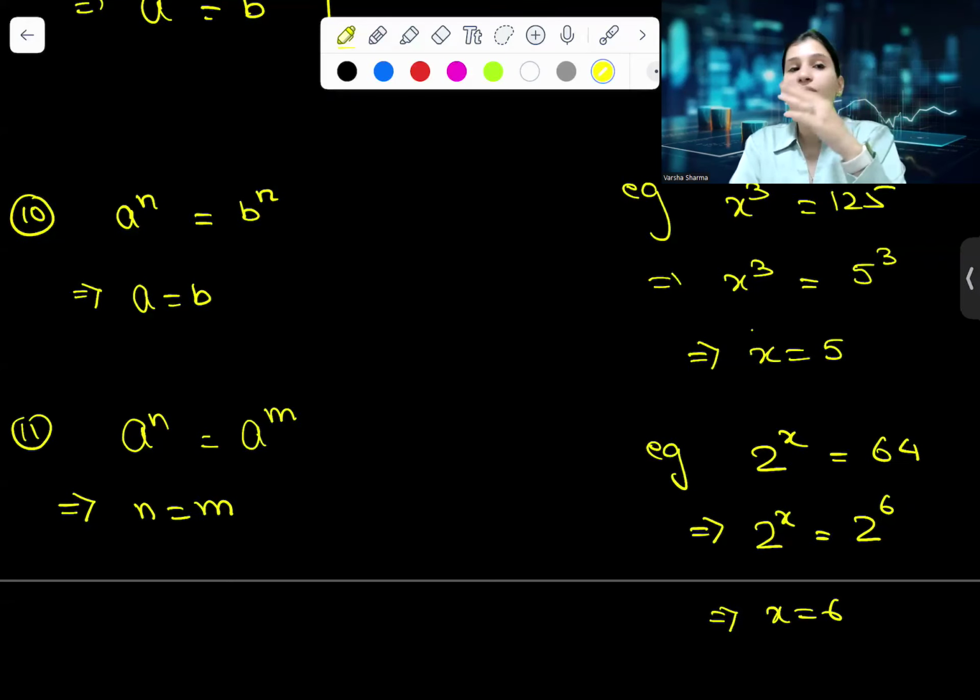When you're shifting a power from one side to another, it gets reciprocal. When you shift a number from numerator to denominator or vice versa, the sign of the power gets changed. And here the equating part. Any doubt till here? Everybody clear?